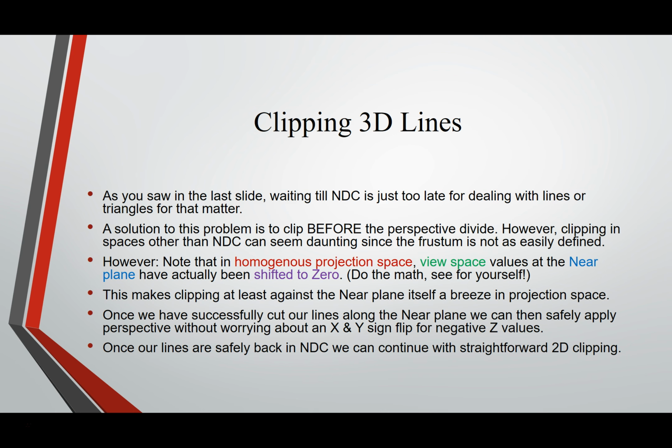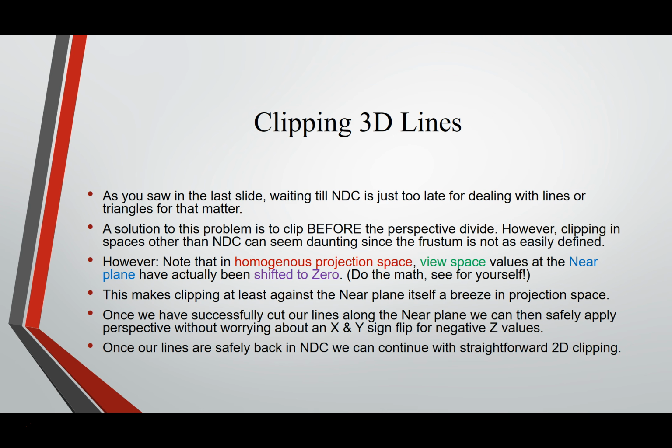Especially if we talk about, let's say, world space. Now the plane itself, we have to define it with a normal. We have to define it maybe with vertices that represent the extents of the frustum in world space, which could have any given orientation. It becomes a lot more complicated to deal with.